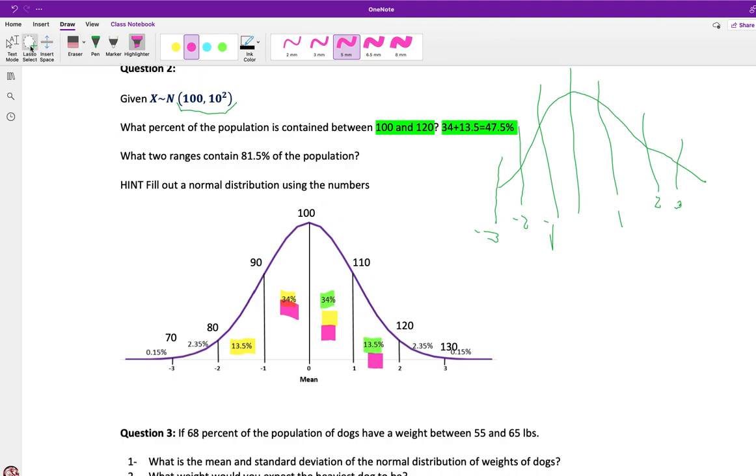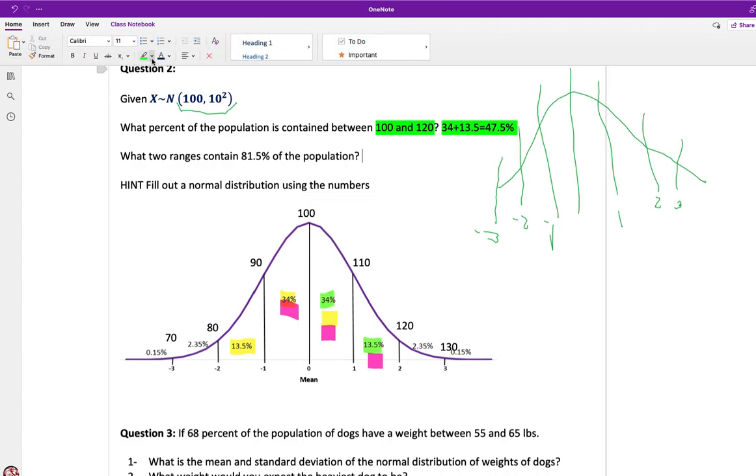So I'd have two different ranges that could work. If I look at my yellows, they could go from 80 to 110. Or if I look at my pinks, I could go from 90 through 120. That's a tough question. I like that for a test. So there's two sections that could have 81.5% of the population.